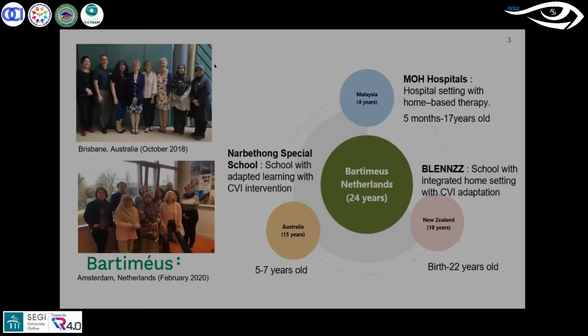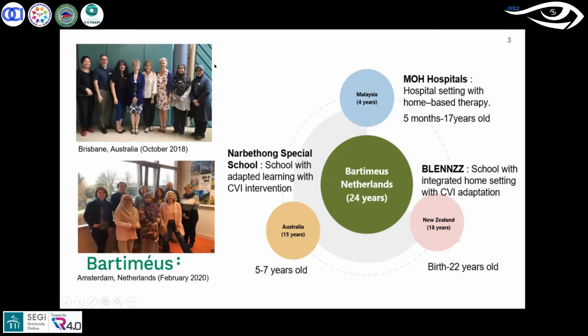Let me also give a comparison between our setting and other settings such as Australia, the Netherlands, and New Zealand. My colleague and I went to Australia in 2018 for exposure at the Narbethong Special School, which at that time was an adapted learning environment with CVI intervention for their school children. They have known about CVI for almost 15 years.